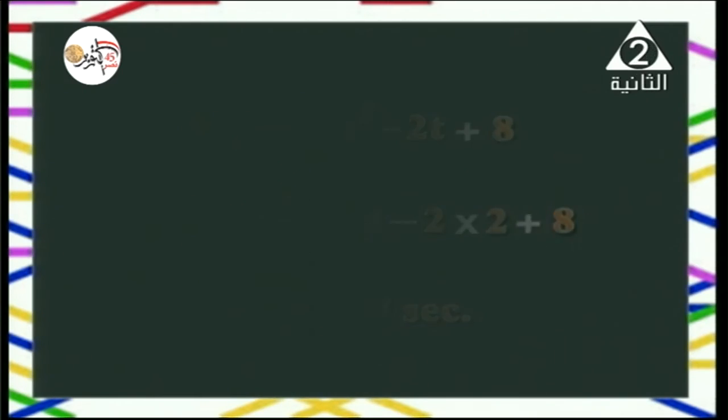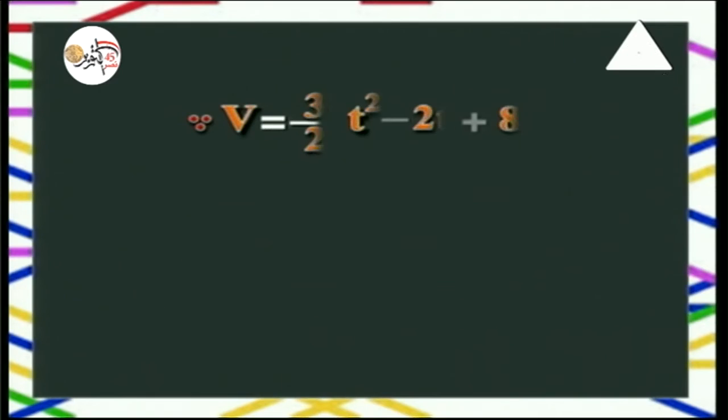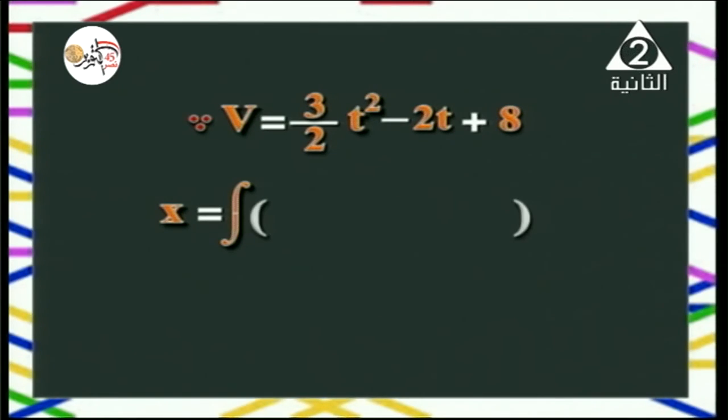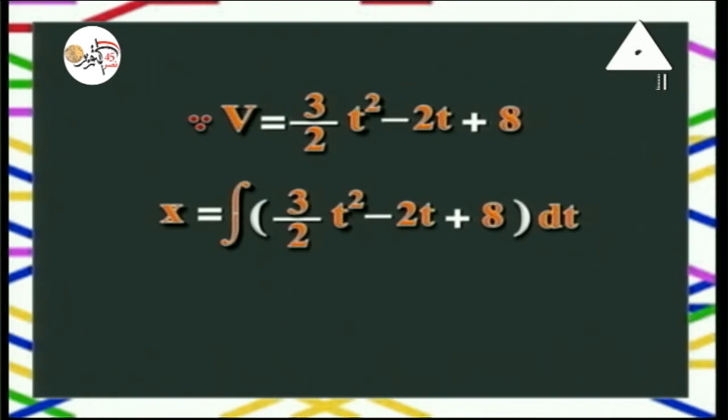Since v equals 3/2 t squared minus 2t plus 8, what is x? We make integration with respect to time t.